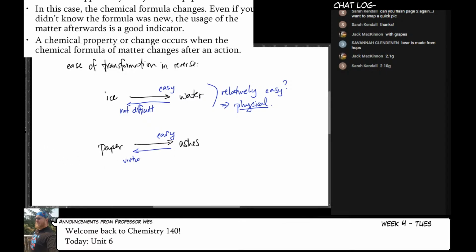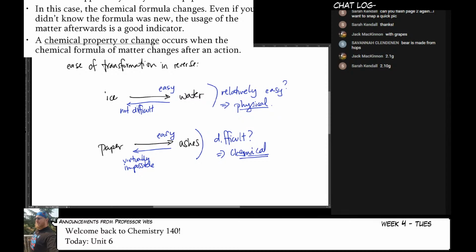This is virtually impossible. So if one direction, generally the reverse direction, is just extremely difficult to do, then the transformation is chemical.